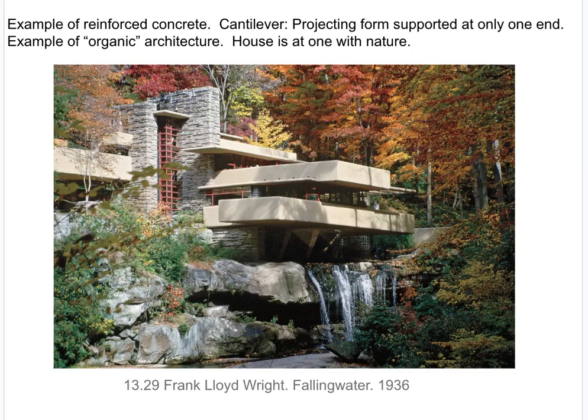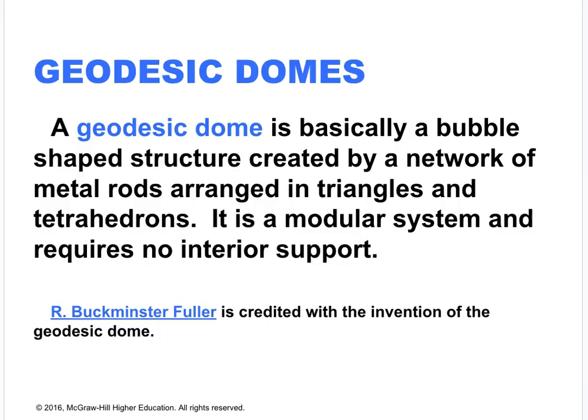Okay, the next construction type is a geodesic dome. That's basically a bubble-shaped structure created by a network of metal rods arranged in triangles and tetrahedrons. It's a modular system and requires no interior support.